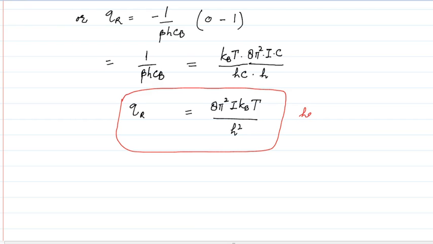This basically has dimensions of temperature, and this is called a characteristic rotational temperature.